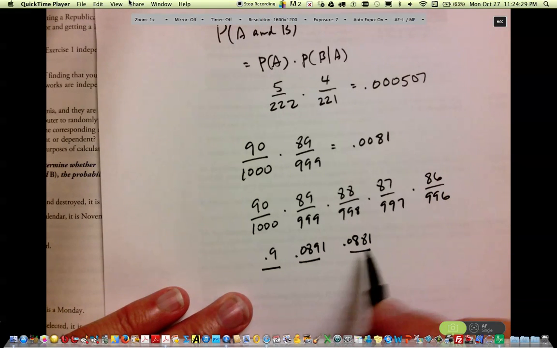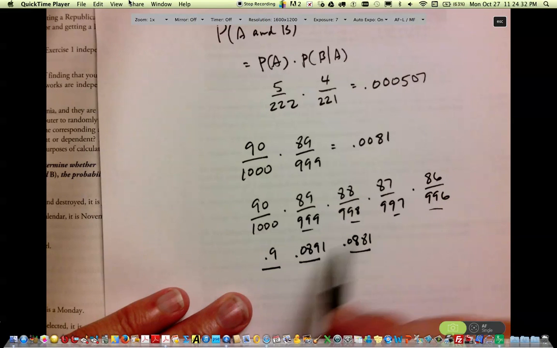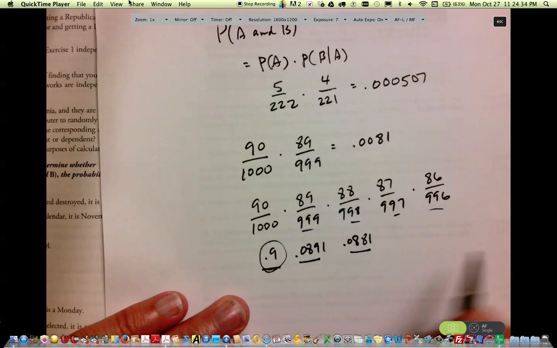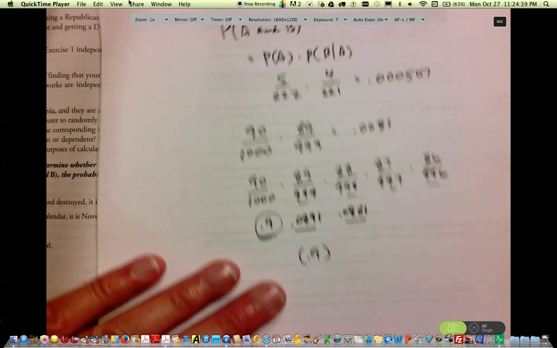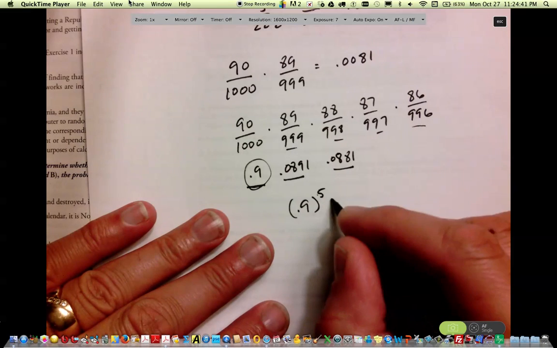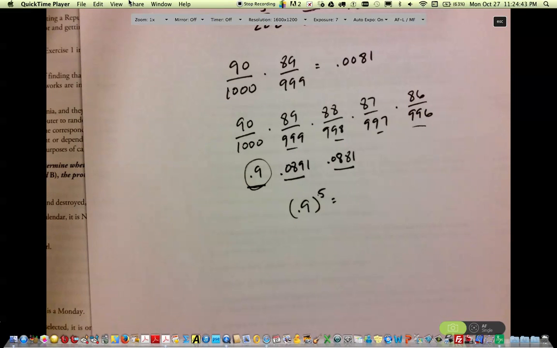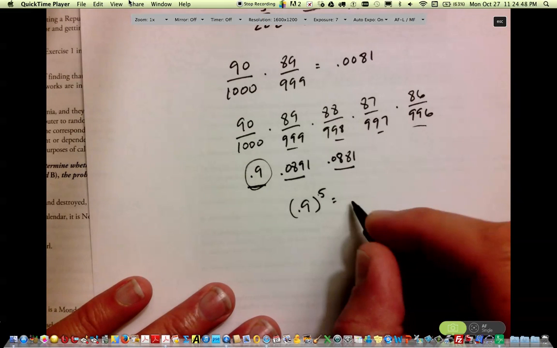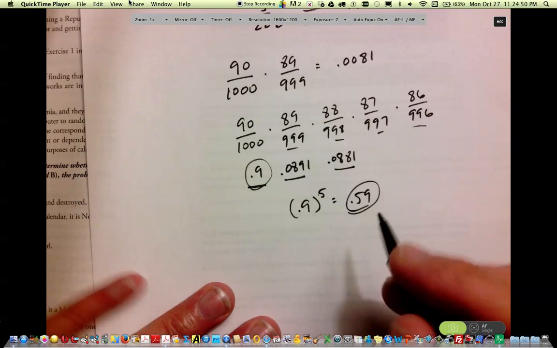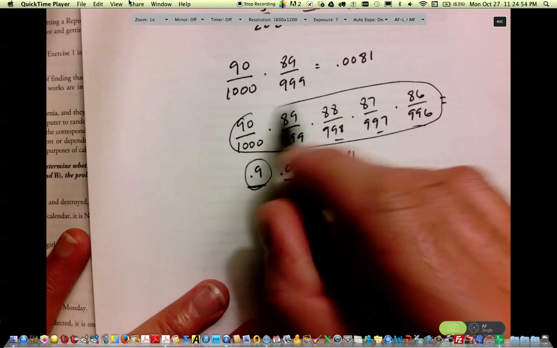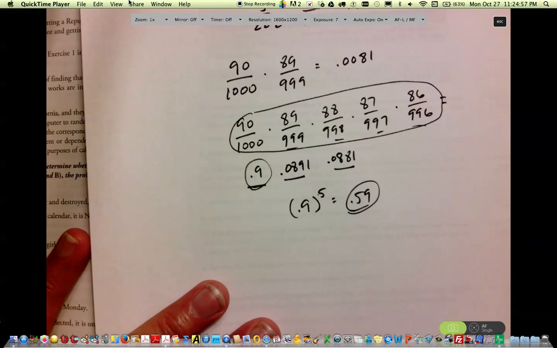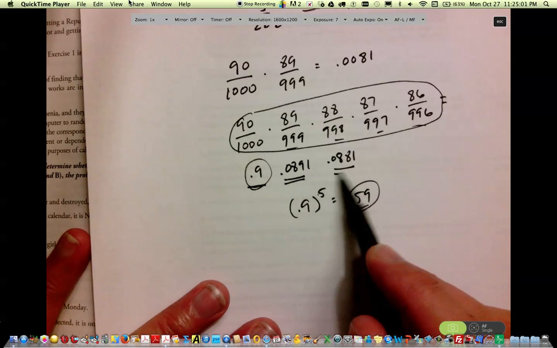These numbers are still pretty close to 90%. So it would be a whole lot easier if I could just take 0.9, multiply it by itself 5 times, and come up with an answer. 0.9 raised to the 5th power is about 59%. If you multiply all these things together, you end up with something pretty close to 59%. It's going to be a little bit different than that, but not much.